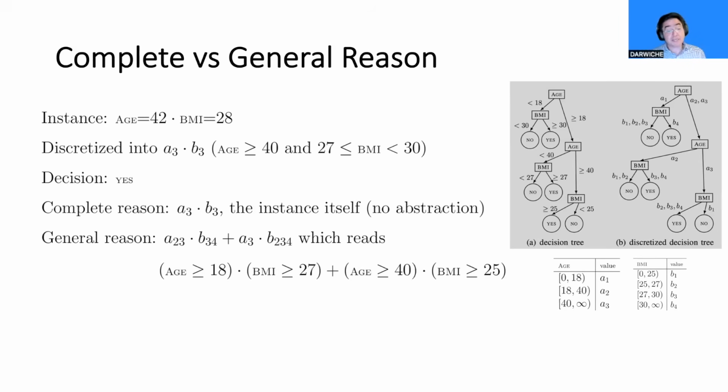One of them is because the age is greater than or equal to 18 and BMI is greater than or equal to 27. Okay, that's satisfied by this. Another reason I can justify what I did is age here is greater than or equal to 40 and BMI is greater than or equal to 25. This is an abstraction of this instance. This is not an abstraction.